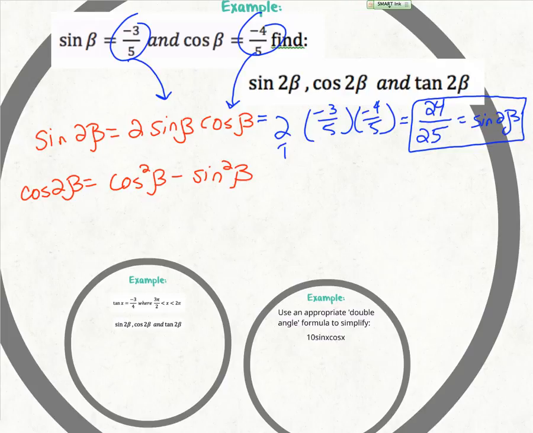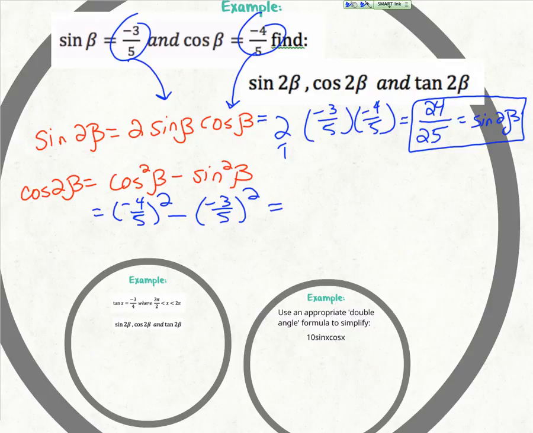So now we plug these values in again, but keep in mind it's cosine squared, so I have to have, moving it down here for my work, negative 4/5 squared minus negative 3/5 squared. As long as you are using your algebra correctly, you will get the same answer if you chose the second formula or the last formula.